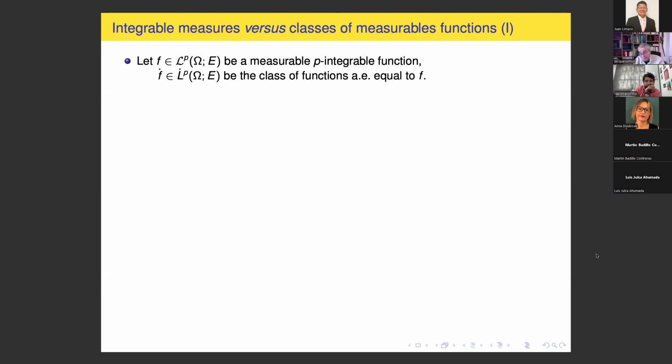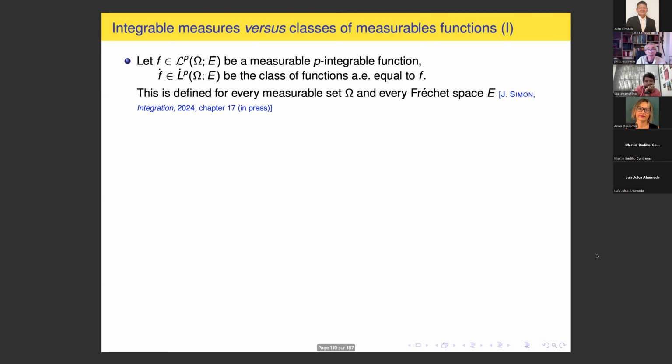This is, in fact, a classical Lp space. In fact, the Lp space may be extended with values in a Fréchet space. That is a space which is provided with a denumerable set of semi-norms. This is not too difficult. This follows the same construction as usual, but with some refinements.